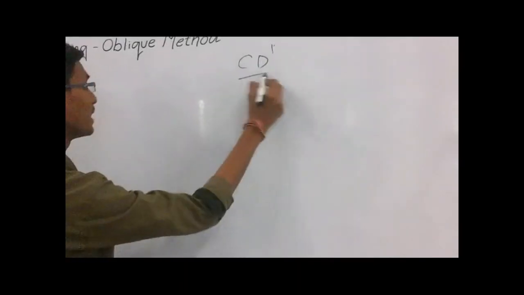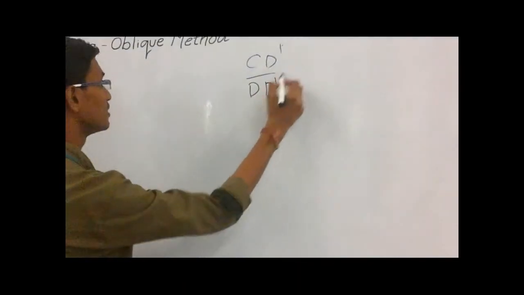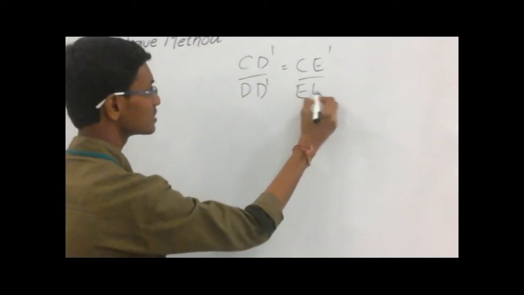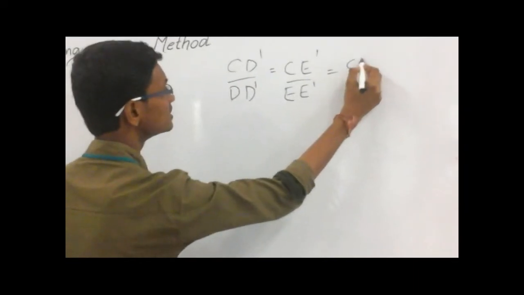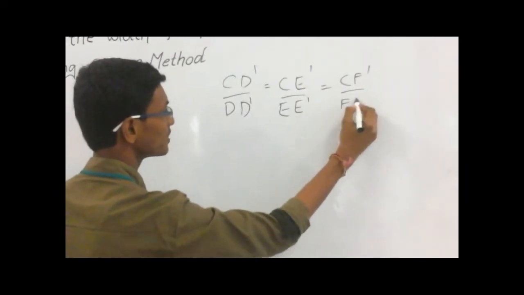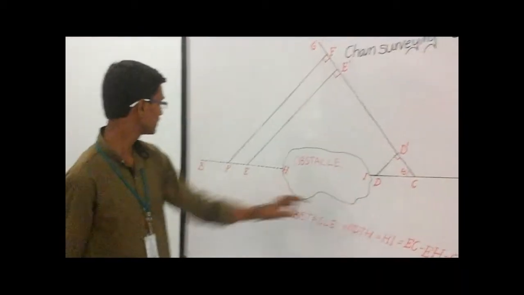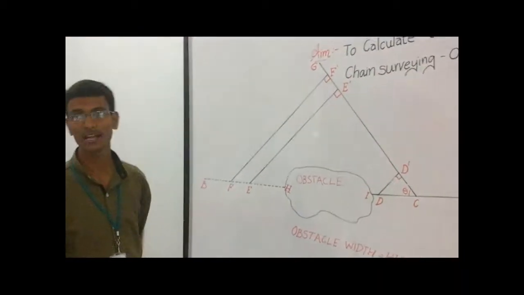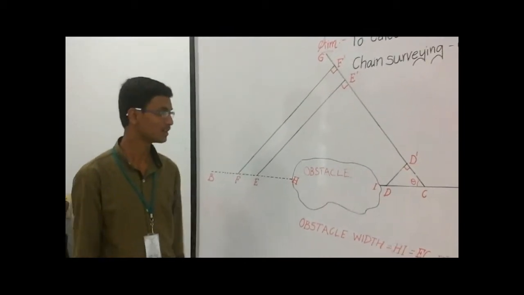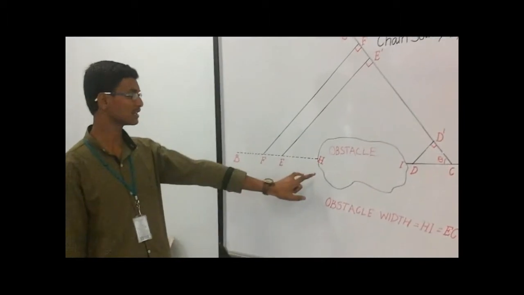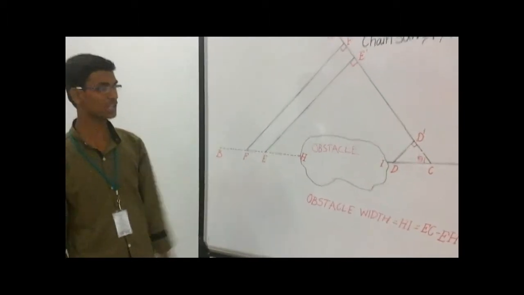CD by CD dash equals CE by CE dash, which equals CF by CF dash. The lengths EC and FC can be calculated by using Pythagoras theorem. At last the width of the obstacle HI can be calculated by subtracting EH and CI from EC.